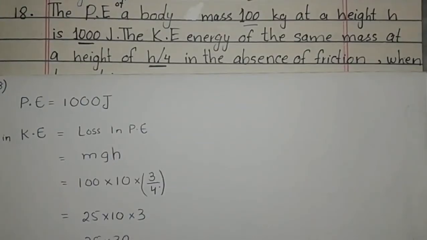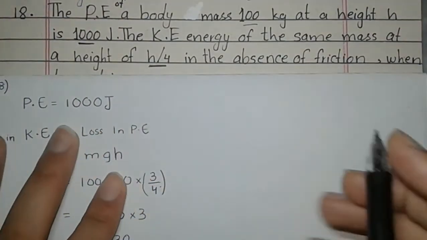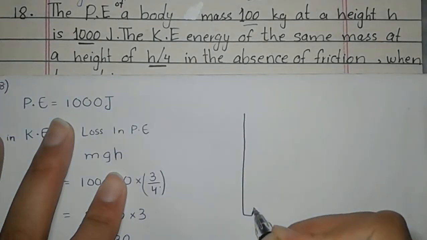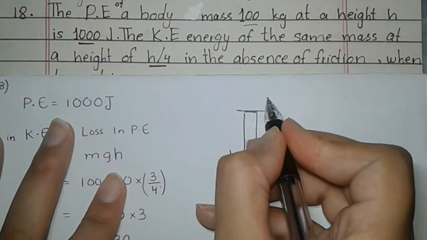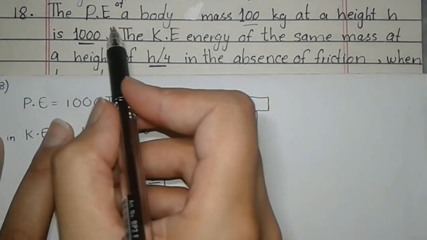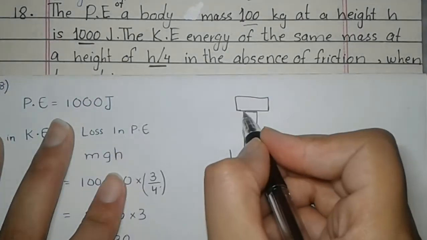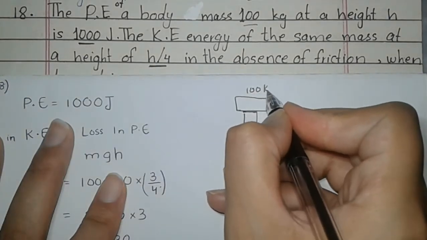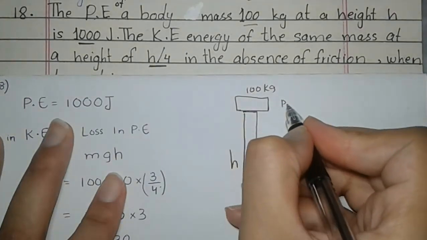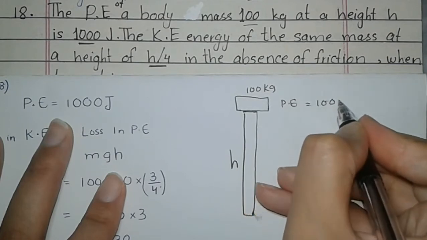First of all, understand the statement of the MCQ that here is some height, and a body is present here at a height h, and the mass is 100 kg. Okay, and the potential energy of the body is 1000 joule.